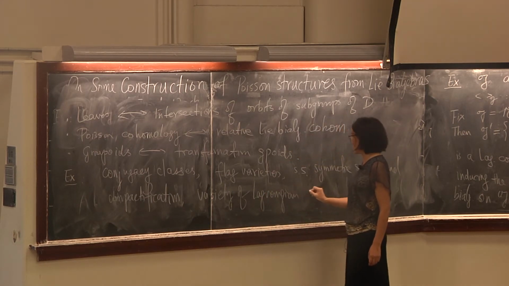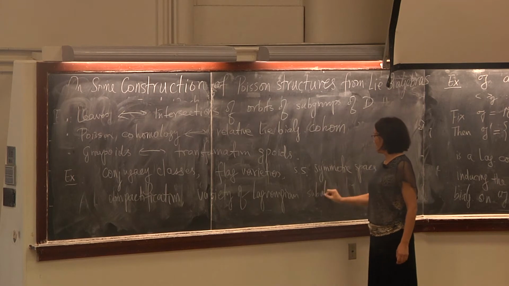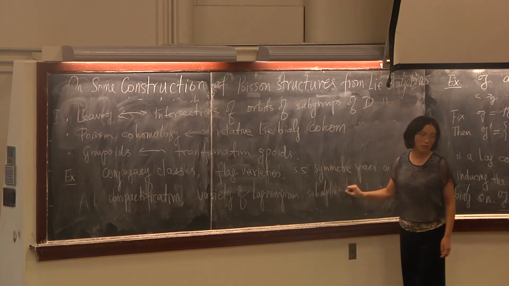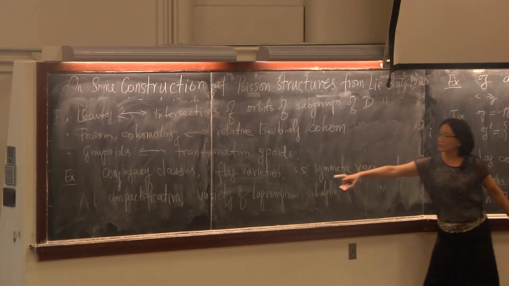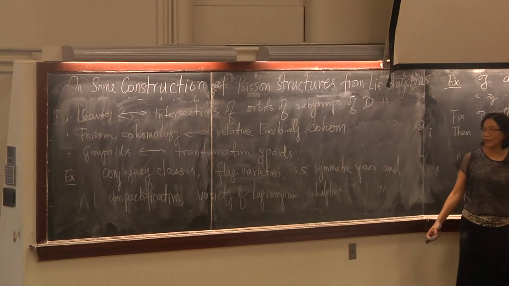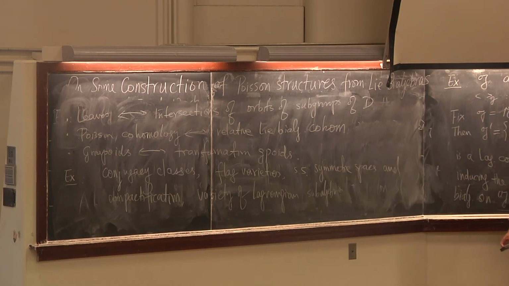So these are interesting varieties, the Grassmannian of all Lagrangian subalgebras. So all of this will fall into this. I won't give details on this. What I'm saying is that all of these interesting varieties in Lie theory carry naturally defined Poisson structures out of this construction, and they can be studied using the original Lie algebra.